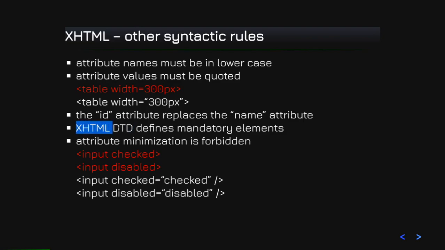It also defines the children of a specific tag. So for example, in the head tag of an XHTML document, there can be no body or HTML tag included as children of a head tag.